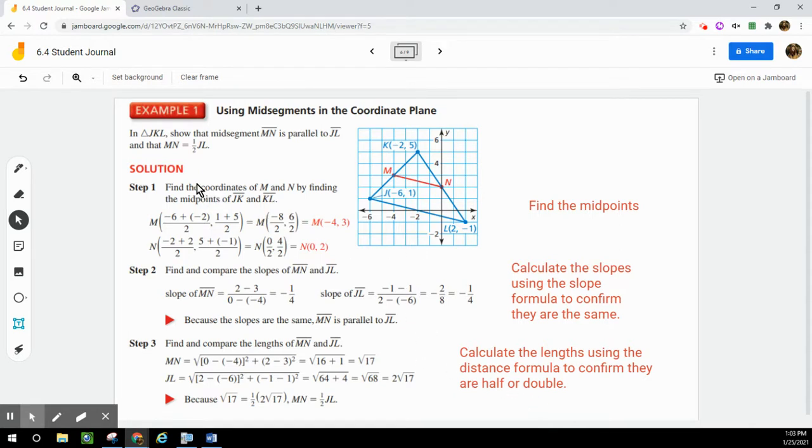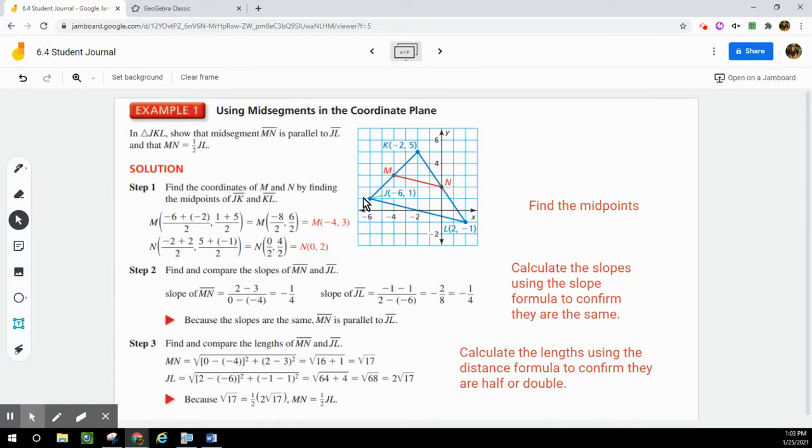Third and finally, they want us to find that MN is half of JL, or that JL is double MN. And to do that, we're going to calculate the lengths by using the distance formula to confirm that they're half or double, depending on which way you want to show it. So MN is equal to the square root of, now this is where we're applying the distance formula, x minus x squared plus y minus y squared. In this specific case, we get 16 plus 1, or the square root of 17.